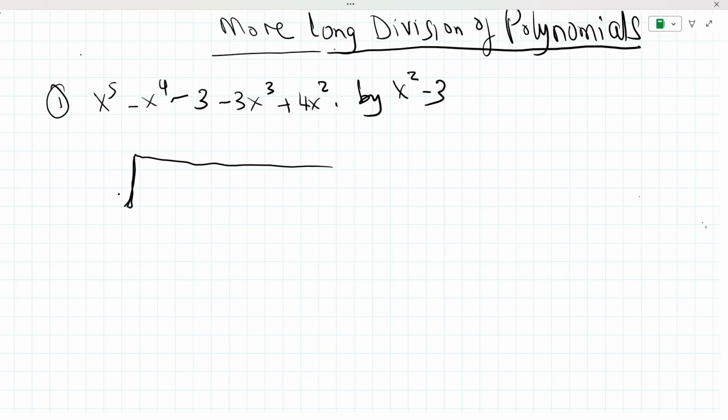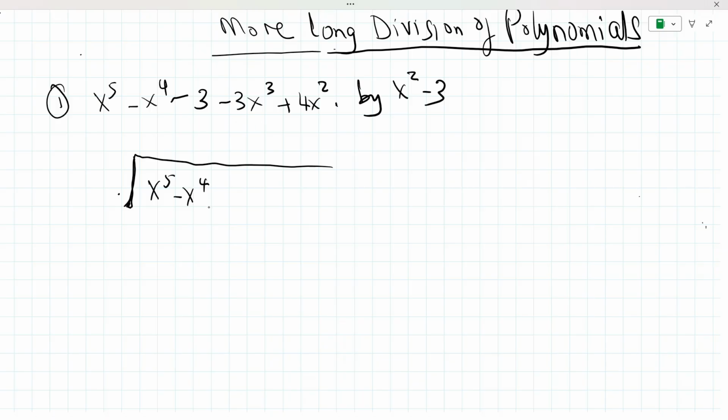So we have x to the power 5. It has the highest exponential value, so it's what we should start with. Then we move on to minus x to the power 4.